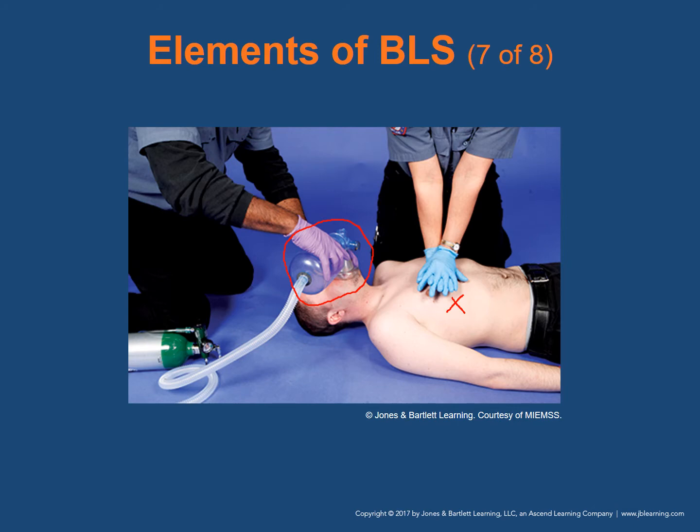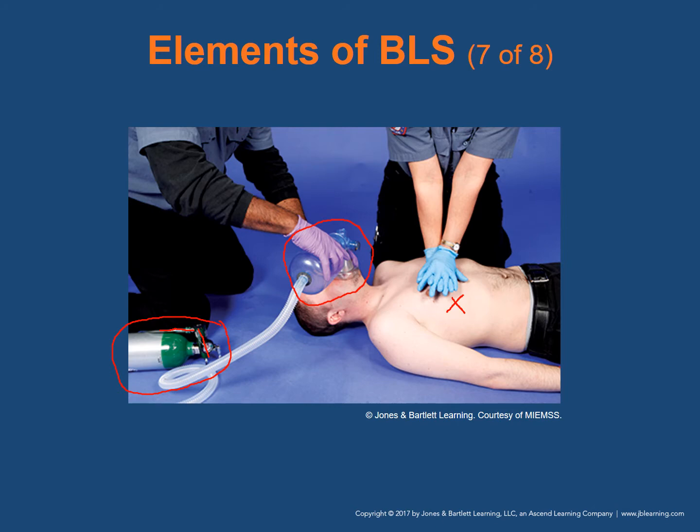So the BVM is our way to artificially ventilate the patient, like I said, to force air into and out of the lungs. Of course, a couple other notes about this picture. You can see over here that the oxygen tank is correctly set up. It has the regulator attached to it. It has the BVM hose attached to it.